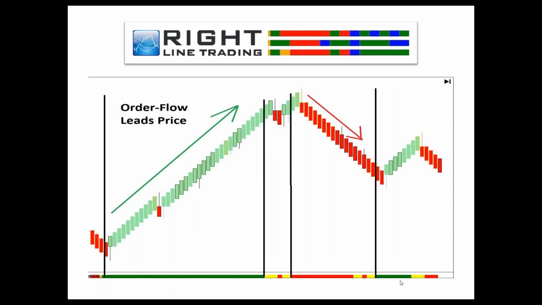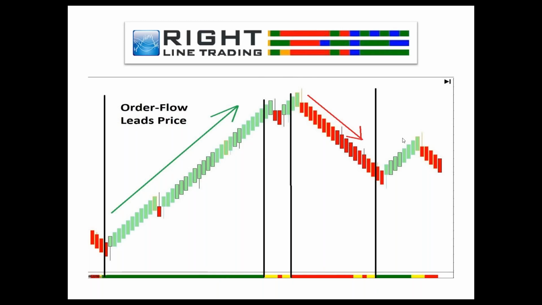It's a very difficult calculation, and it's a twitchy calculation, but it really works. You're going to see this turn first. Yellow, you don't trade. It turns red, and then the market will turn down. It turns green, then the market will turn up.